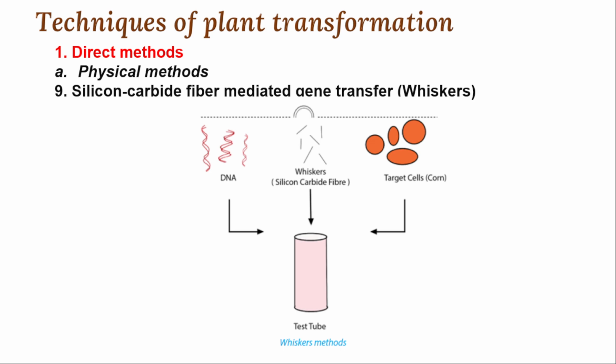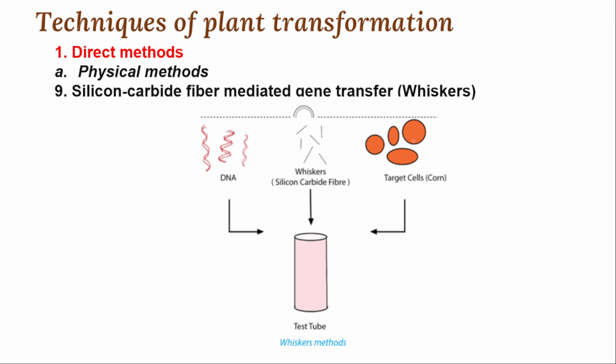And one more method, the ninth physical method, is silicon carbide fiber mediated gene transfer. What is the method? What happens here? The desired gene with the target cell and silicon carbide is mixed in a solution that contains polyethylene glycol. What happens because of these silicon carbide fibers? This fiber will make a hole in the cell membrane.